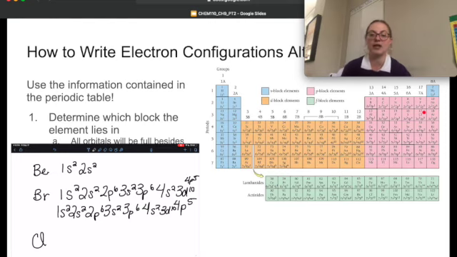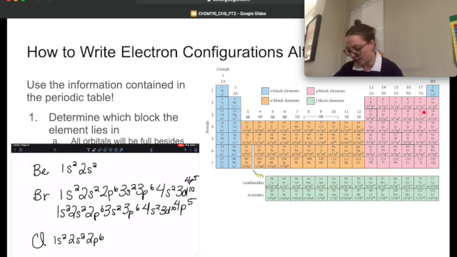So I can already know that chlorine is in the P block and it's in row 3. So that highest energy orbital is going to be 3p. I know the 1s2 is full, the 2s2 is full, the 2p6 is full, the 3s2 is full. Done.